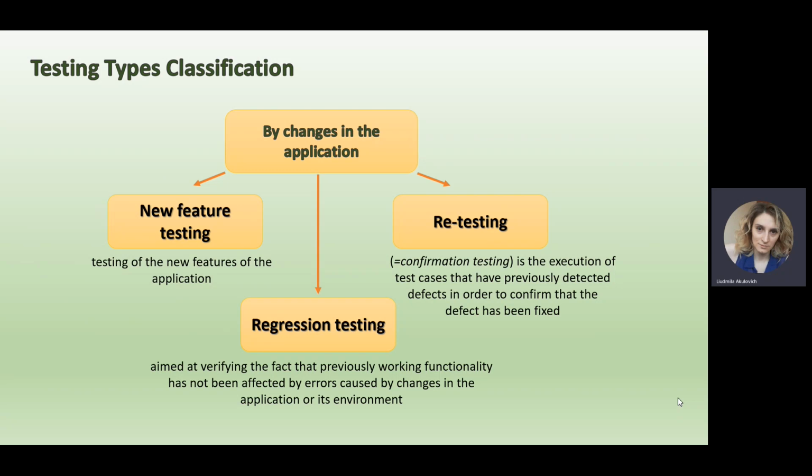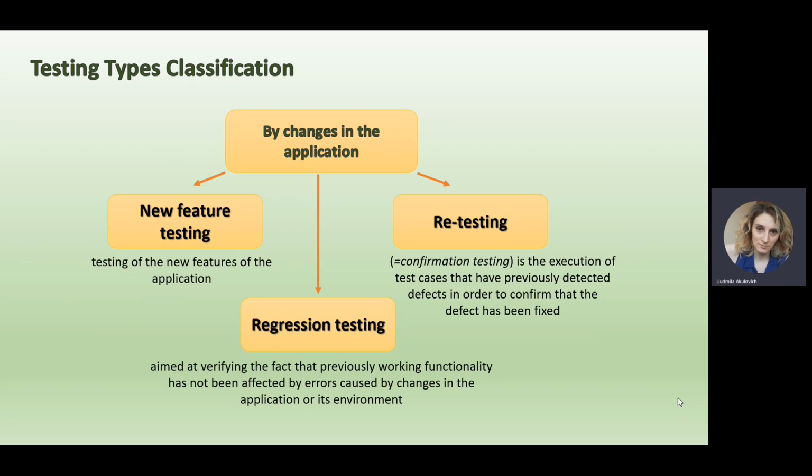Retesting means that you verify the changes that were made in order to fix a bug. So in retesting, you execute the test case which previously failed, or was blocked, but the feature was fixed, and now you should confirm that the feature really was fixed, that it works properly.